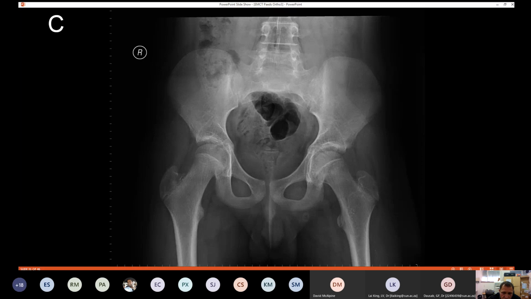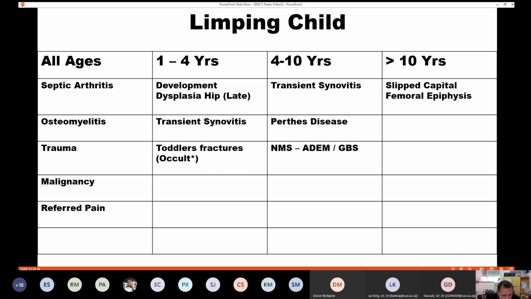I think this should be the easiest of the 3 X-rays, but let's see. Okay, let's continue.